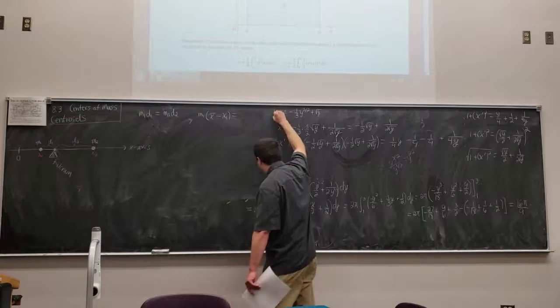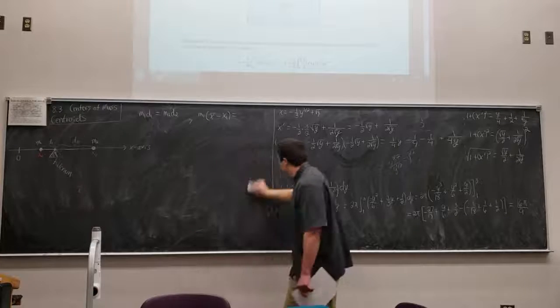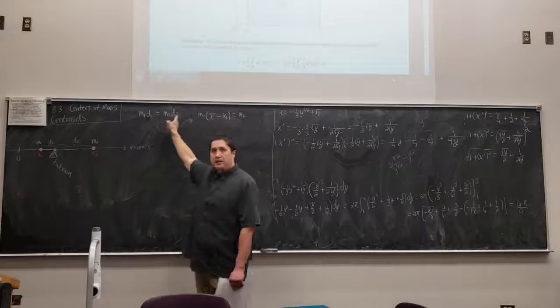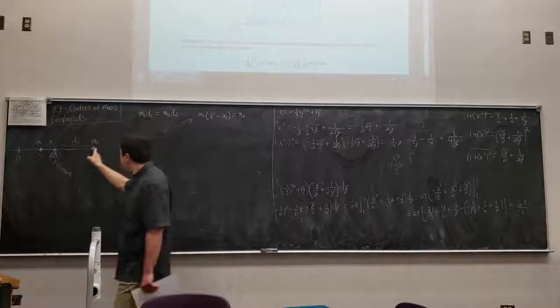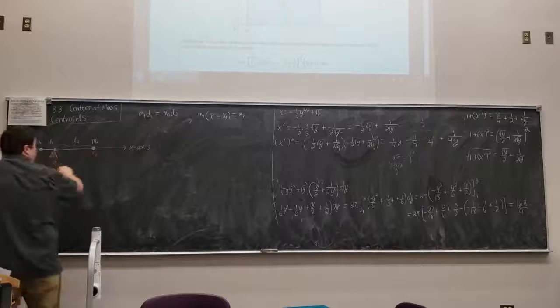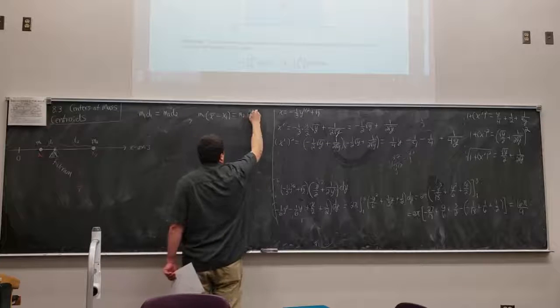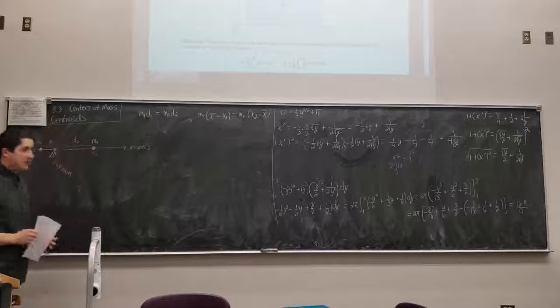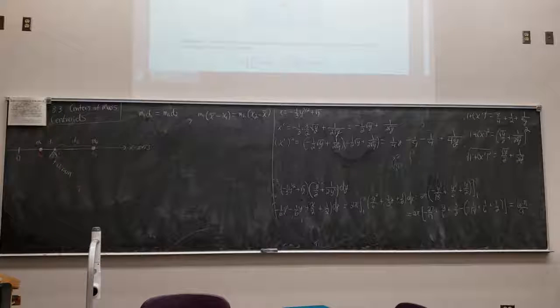So that must be equal to, similarly, mass 2 from this formula times distance 2, where distance 2 should be x2 minus x bar. So in this diagram, this is something we can set up, get an equation from which we can solve for x bar finally.